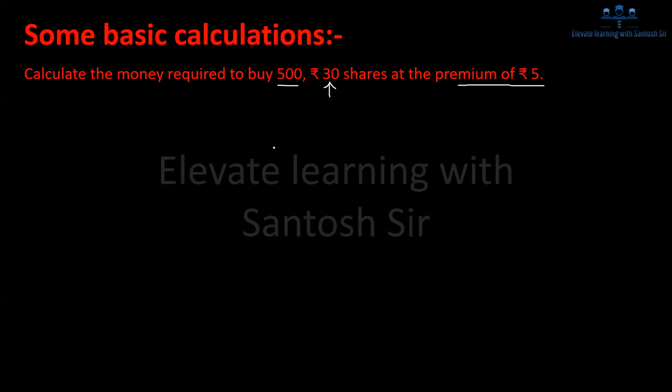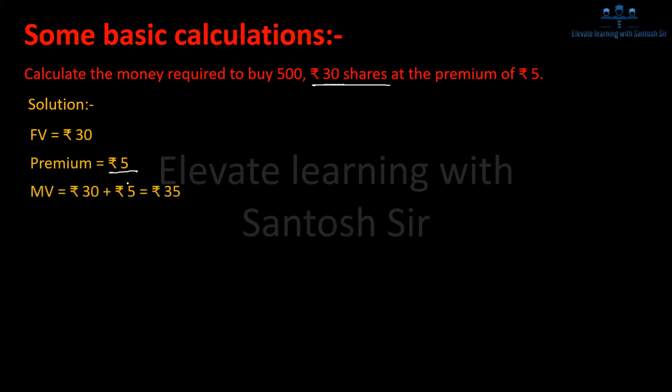Now, what all things are mentioned in this question? Rupees 30 shares means the face value of the share is rupees 30. They are at a premium of rupees 5, which means their market value will be more than the face value.